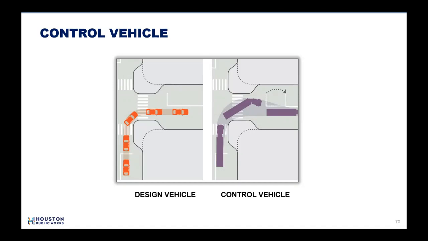A lot of this is very context specific, and determining what movements can be controlled by the control vehicle will depend on the particular intersection. But that's the main concept there. And we look forward to seeing more of these different ideas being incorporated in designs.